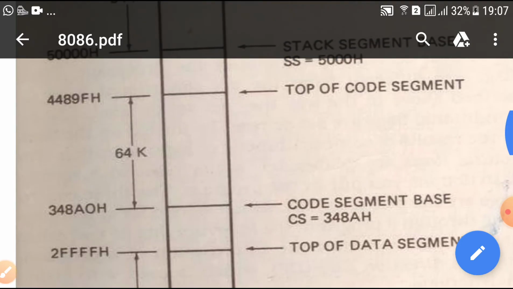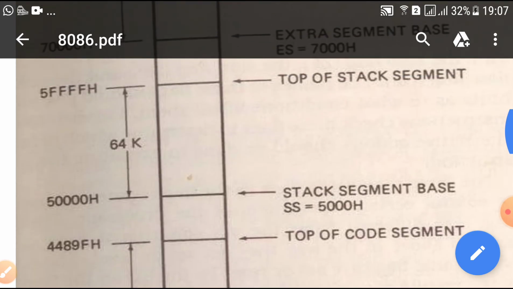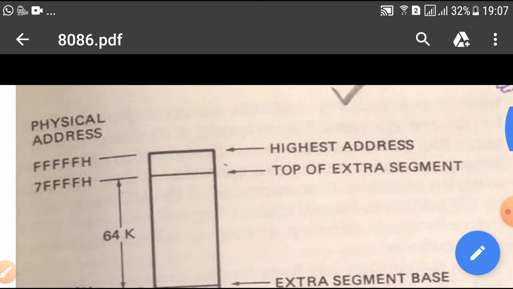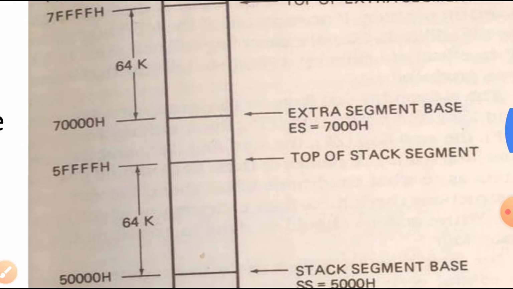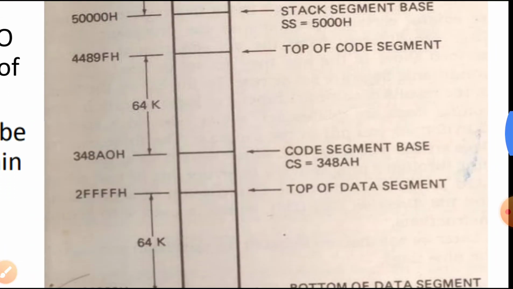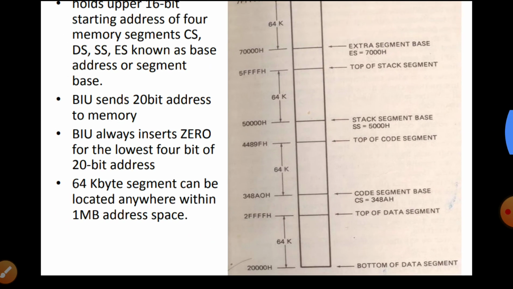Similarly, you can see the code segment, the stack segment, and the extra segment, and besides this we have others also. We can allot sixteen 64 kilobyte segments out of 1 megabyte of memory.